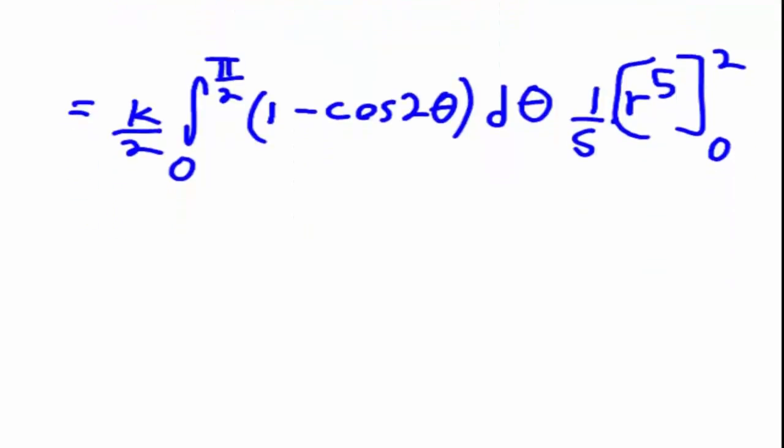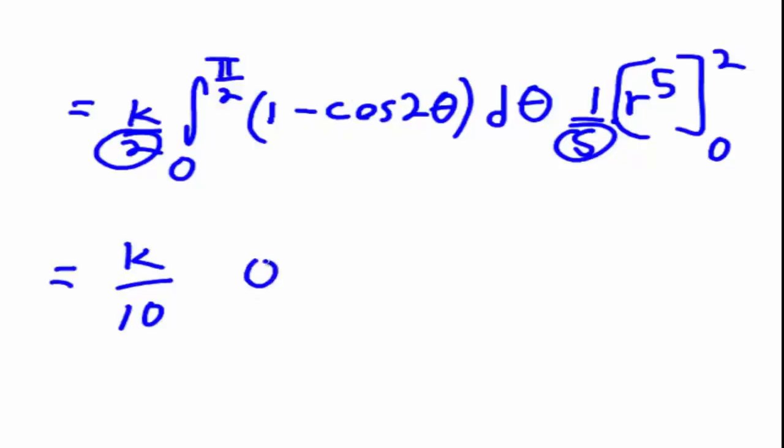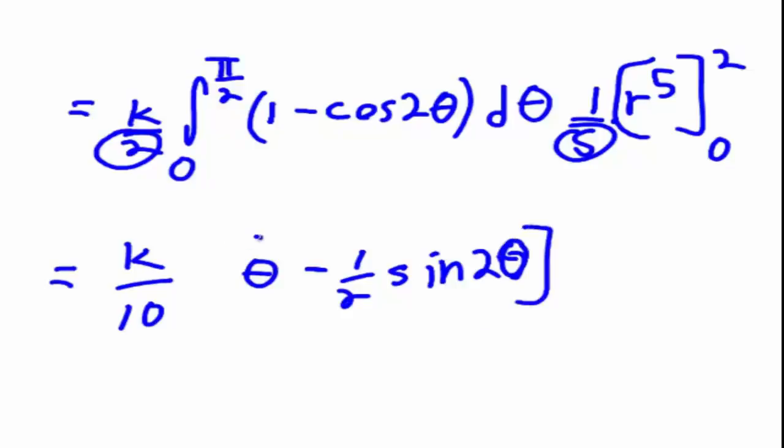Okay. So that gives me a denominator of 10 out front, so k tenths. And when I evaluate this first guy here, I get theta minus 1/2 sine of 2 theta, evaluated from 0 to pi halves. And this guy just gives me 32.